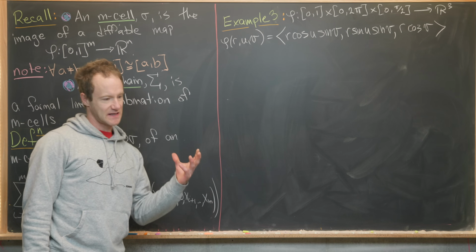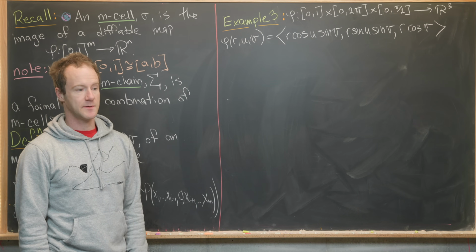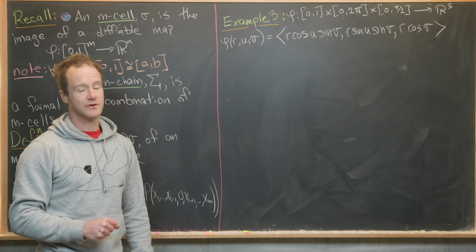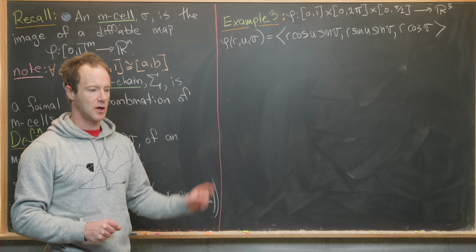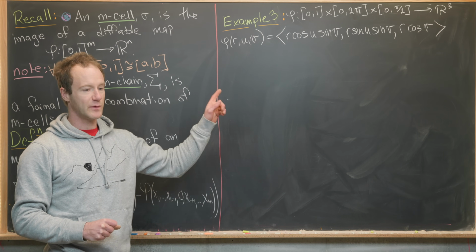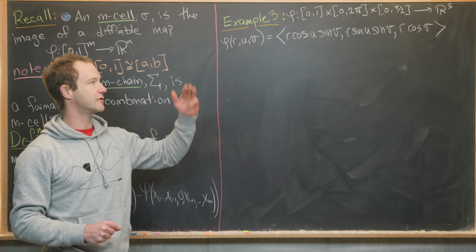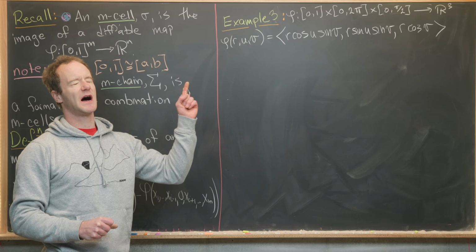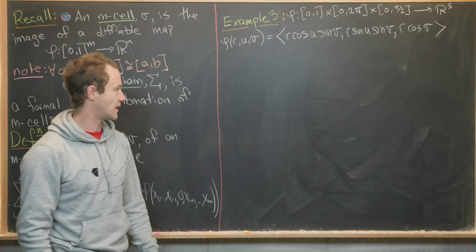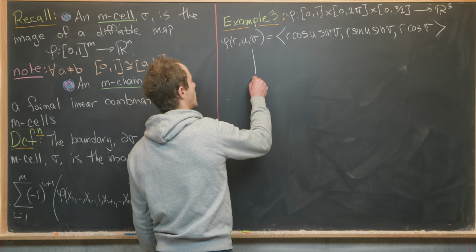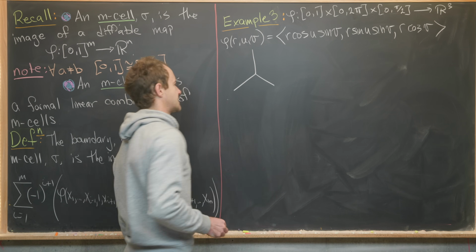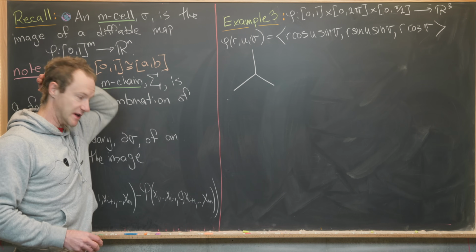So that's going to give us like a ball of radius 1. We have our u going from 0 to 2pi, so that's giving us all of our polar angles. And then we have our v going from 0 to pi/2, so that's the positive z-axis to the xy plane. So all in all, this is going to give us the top half of the unit ball.